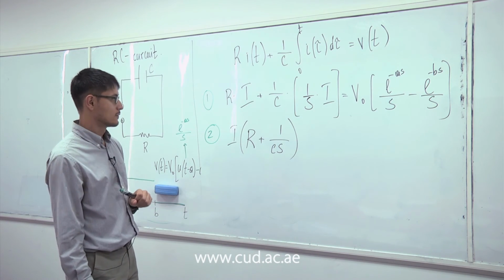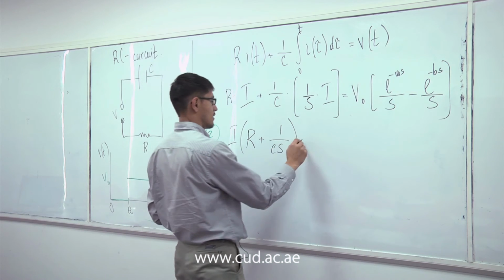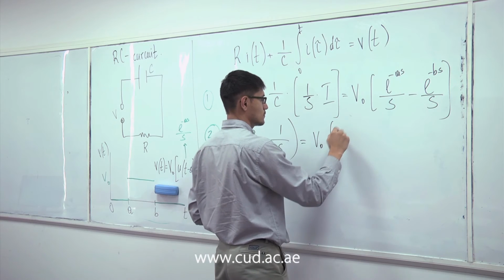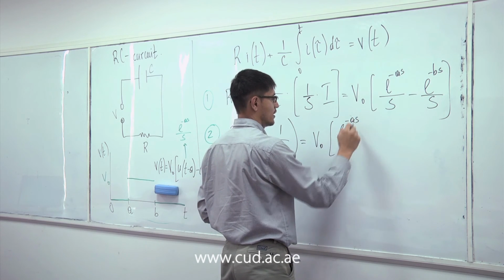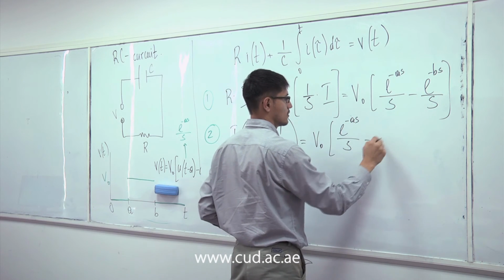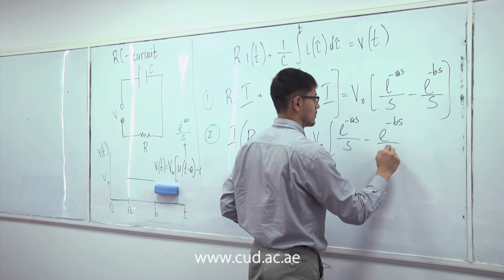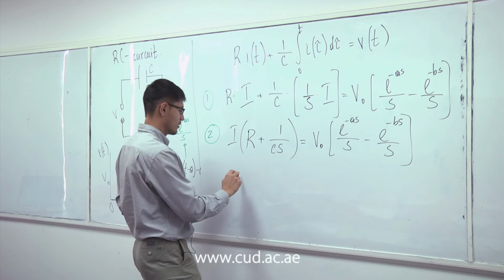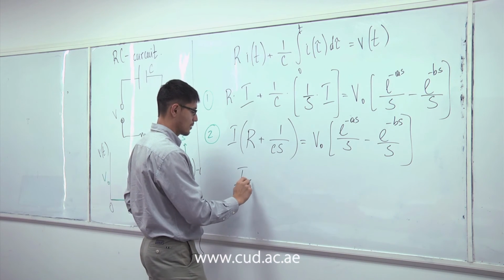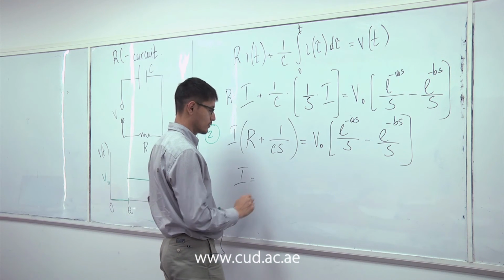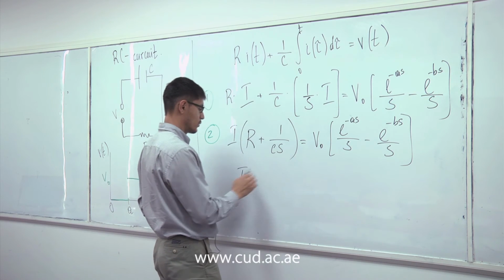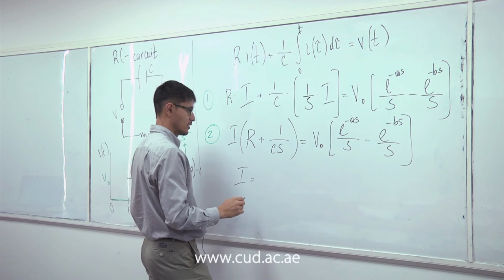Okay? And this is equal to V naught times e to the minus as over s, and so on. So from here, I can solve for capital I. Capital I is equal to, so what do we have to do? We have to divide by R plus 1 over Cs.